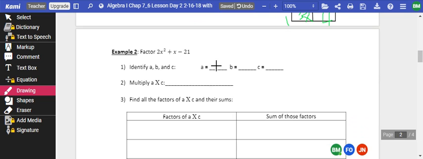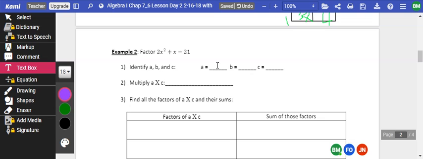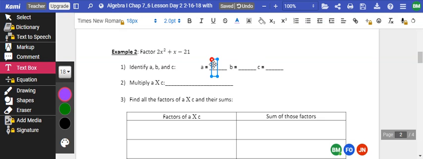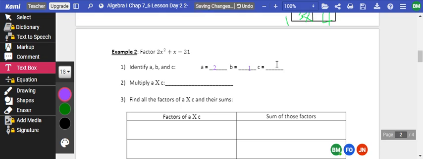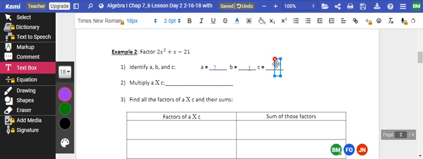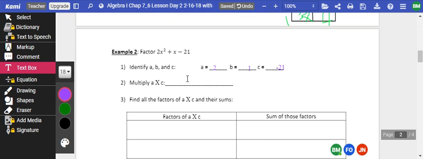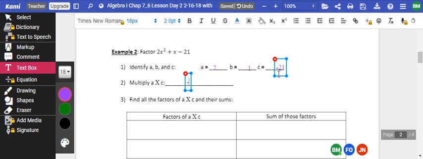Okay, let's try that again. Maybe we can be a little quicker this time. For A, we've got 2. For B, we've got 1. And for C, we've got negative 21. If we multiply A times C, 2 times negative 21 is negative 42.